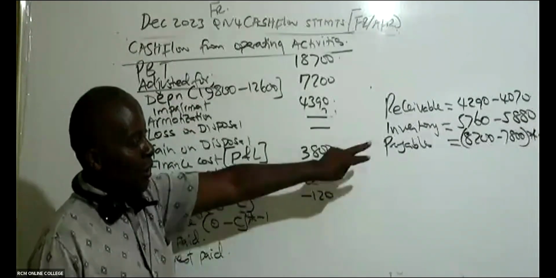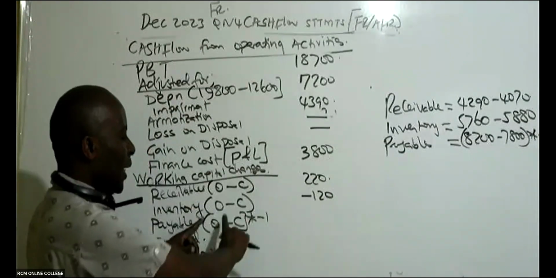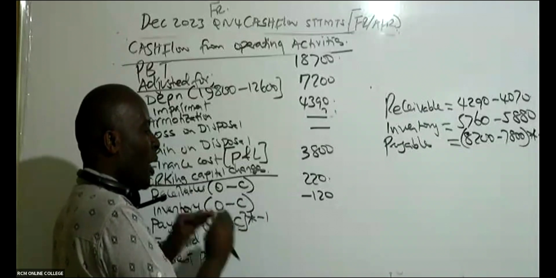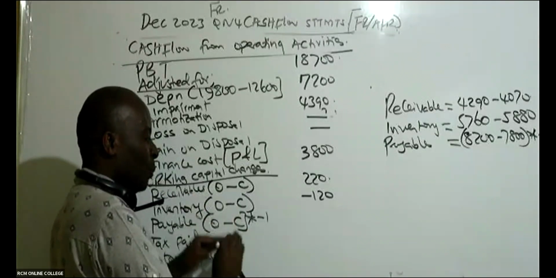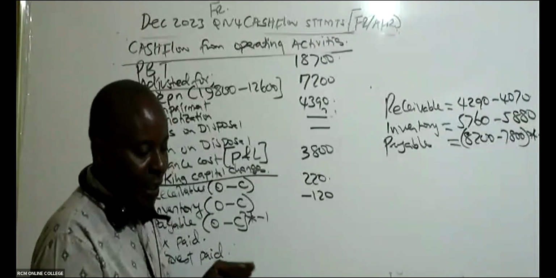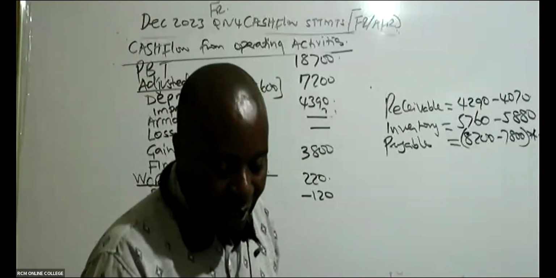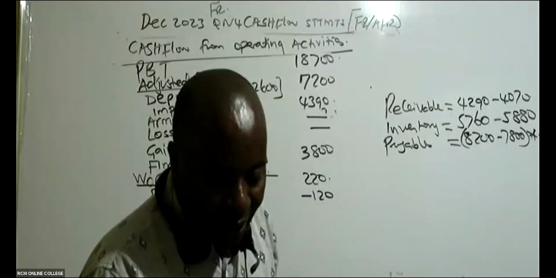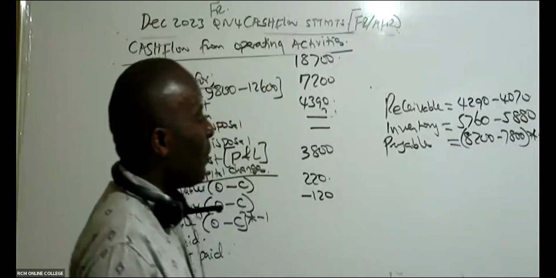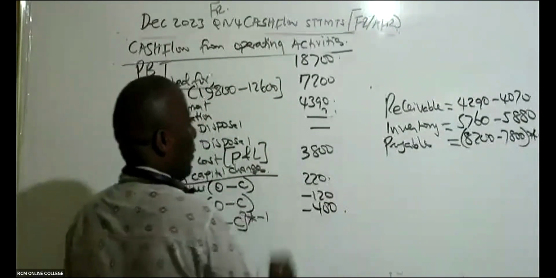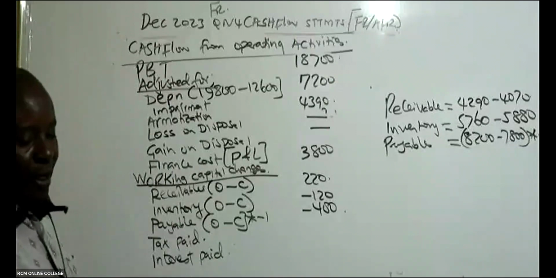So you take that number the way it is, but you multiply it by negative 1. All liabilities shall always be multiplied by negative 1. So what are we getting? Is there somebody who is able to see negative 400?